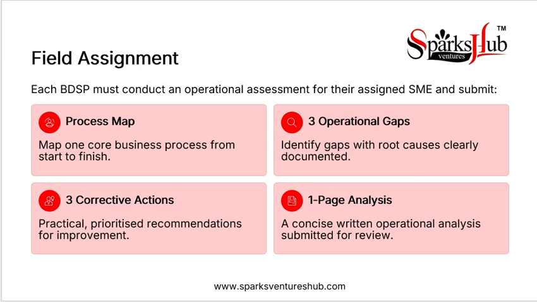So here you would look at the gaps you identified, then the root causes and 3 corrective actions, which you clearly document. Then, in your corrective actions, make it practical. Prioritize recommendations for improvement. And you submit also alongside that a 1-page analysis, which will be a concise written operational analysis submitted for my review.